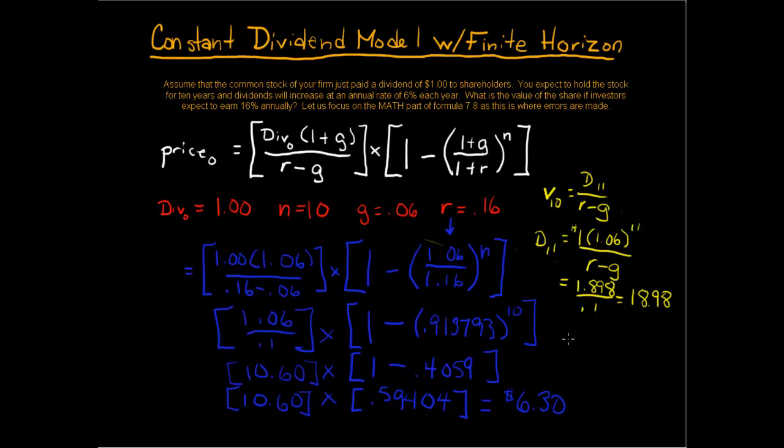Then what we have to do is find the present value. So this will be our future value. We're going to discount N at 10 periods. RIY is the investor's required rate of return of 16%. Payment is 0. So let's put that into our financial calculators.